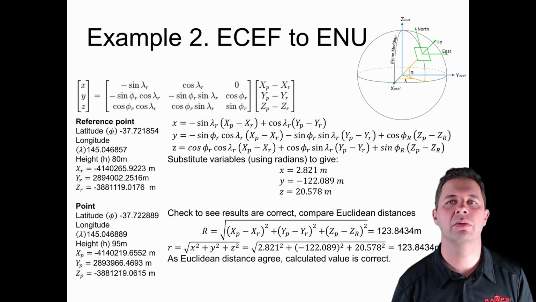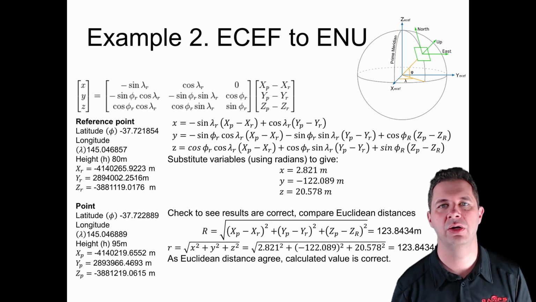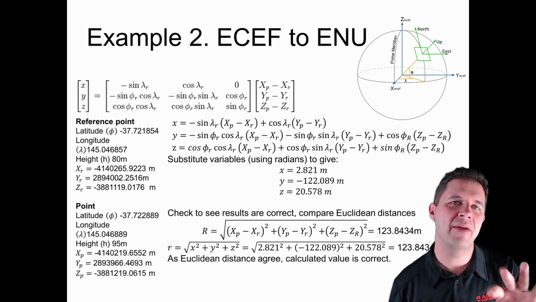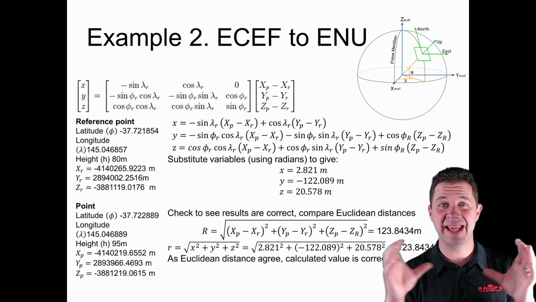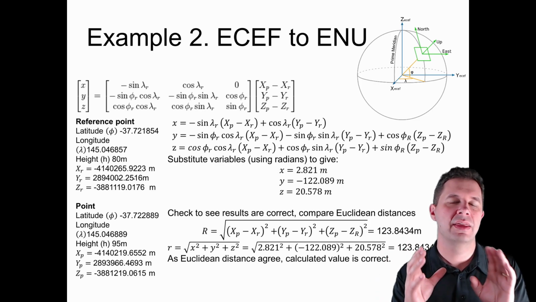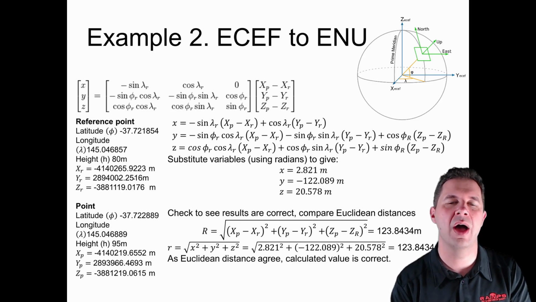Next thing we can do, in our next example, we can look at going from ECEF to ENU, our east-north-up units. Here we specify both a reference point, which is going to be the center of our ENU plane that we're dealing with, and the actual point that we're interested in with a latitude, longitude, and height.